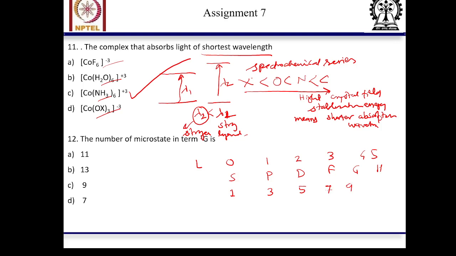Right. So what is the value of L? 0, 1, 2, 3, 4, 5. So for S it is 1, for P it is 3, for D it is 5, for F it is 7, and for G it is 9. That is the number of microstates for 1G. Now from where is it coming, the number of microstates, you can go ahead with.